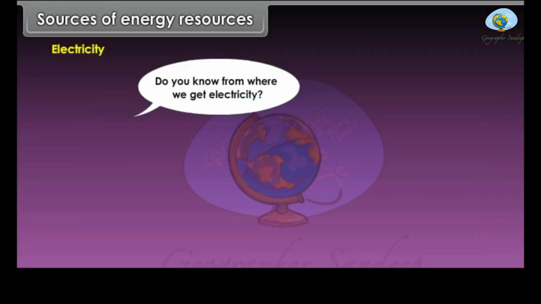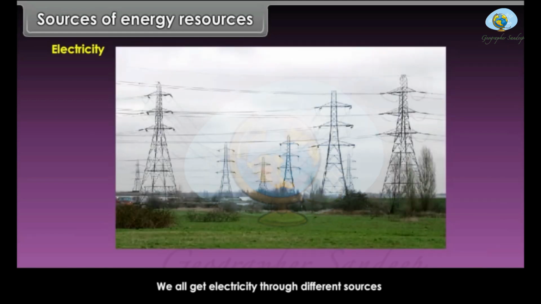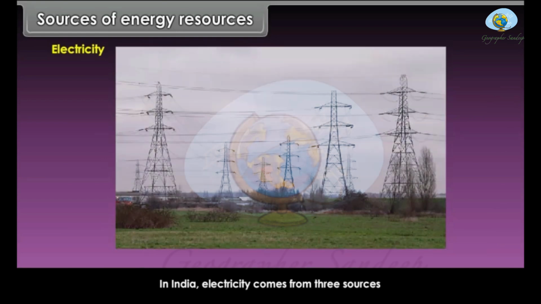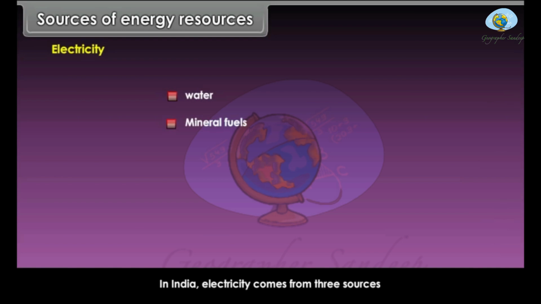Biomass. Electricity. Do you know from where we get electricity? We all get electricity through different sources. In India, electricity comes from three sources: water, mineral fuels, and atomic minerals.